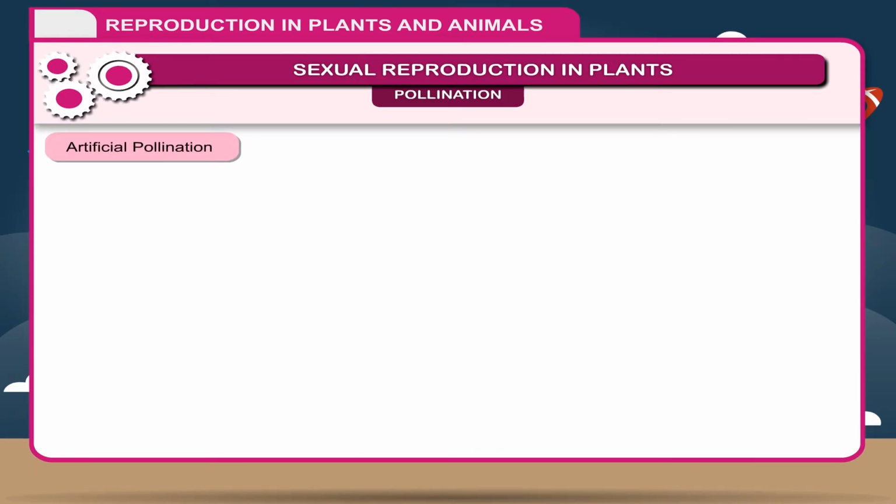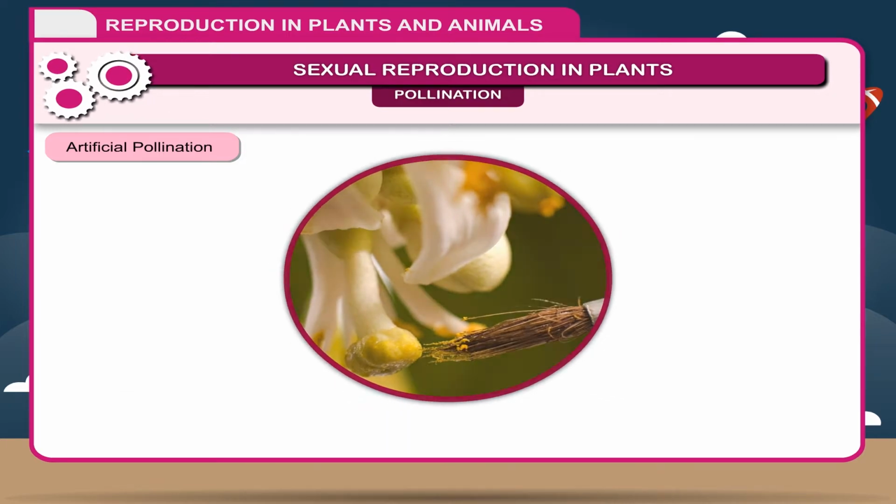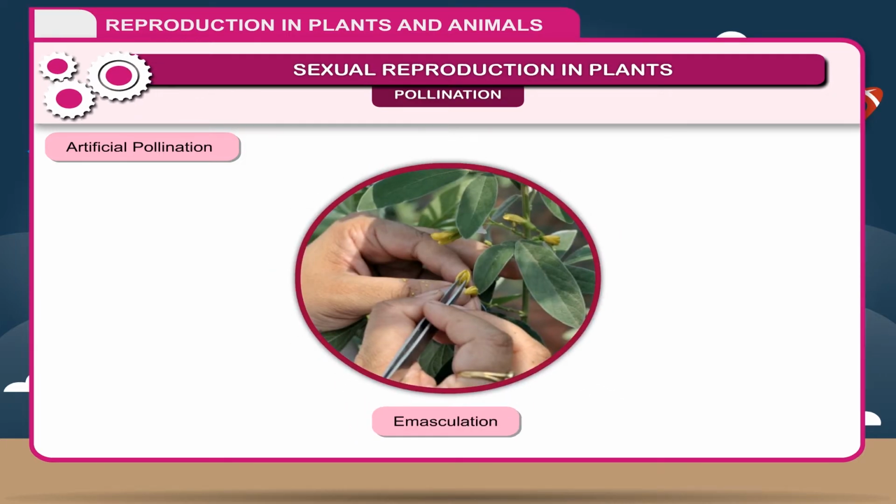Artificial pollination. When the process of pollination is helped by human beings or by some other techniques, it is called artificial pollination. Emasculation is the removal of anthers or male reproductive part from the flowers of bisexual plant before maturity.